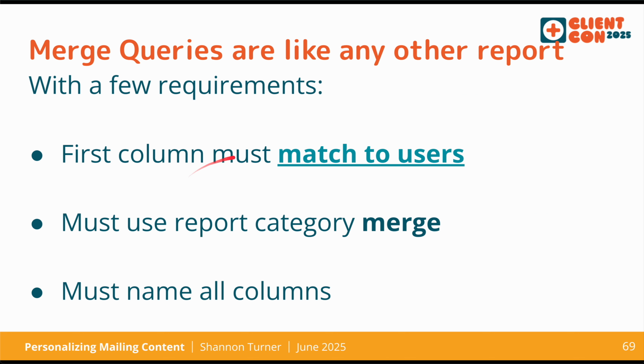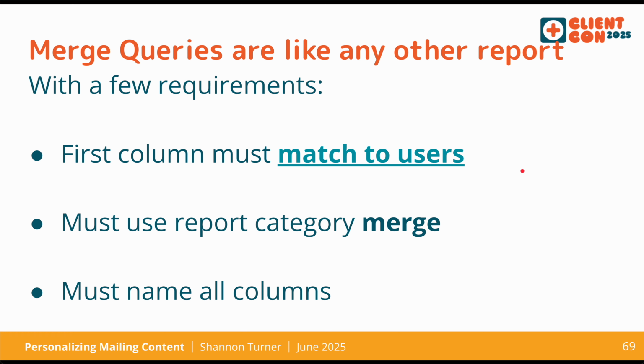So merge queries are just like any other report, but they have a few requirements. That first column must match to users. Like I said before, you could match on that user's ID, and it would be personalized just to that specific user.